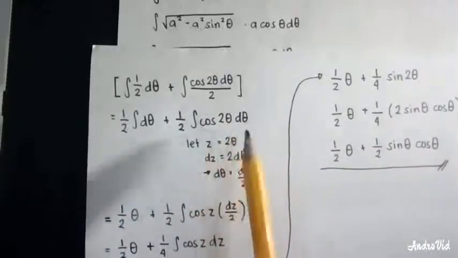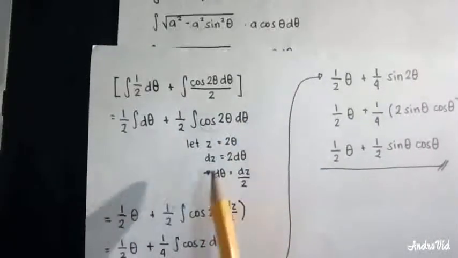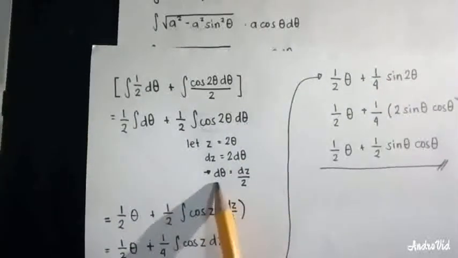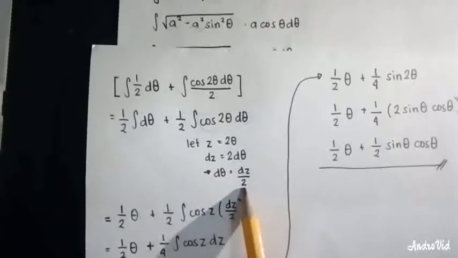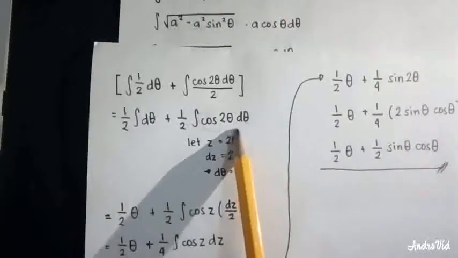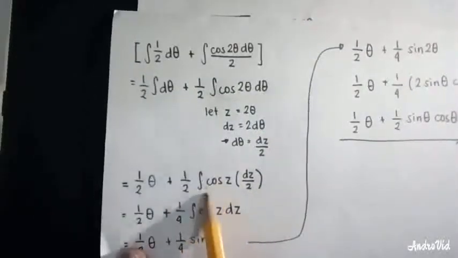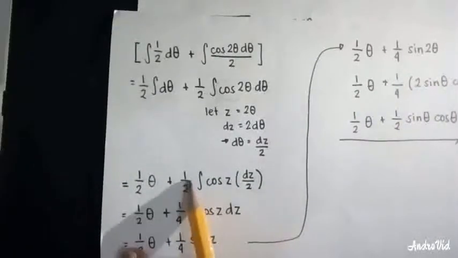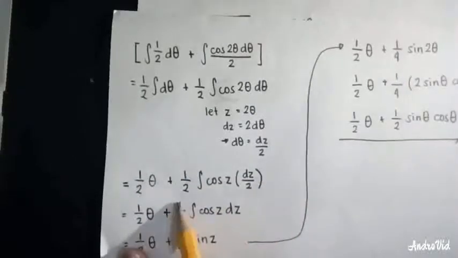To solve this, we're gonna let z be 2 theta. So dz would be 2 d theta, giving us d theta equal to dz over 2. Substituting that to the original one, we have 1/2 integral of cos z dz over 2. Bringing out the constant, we have 1/2 times 1/2, that's 1/4.